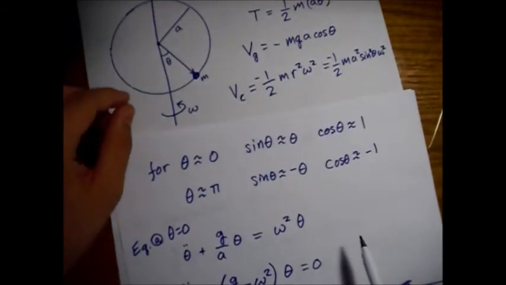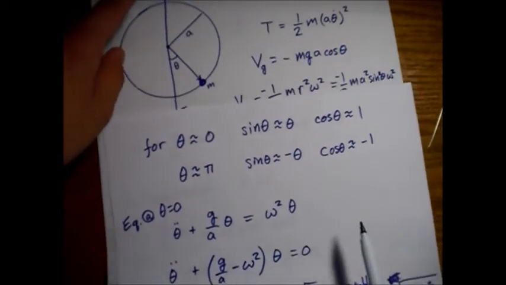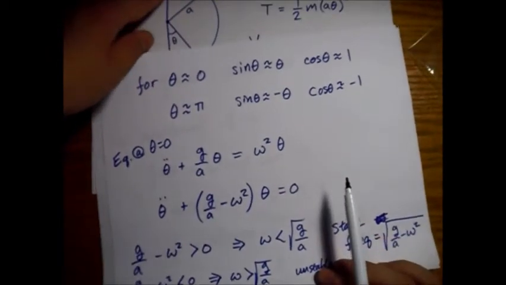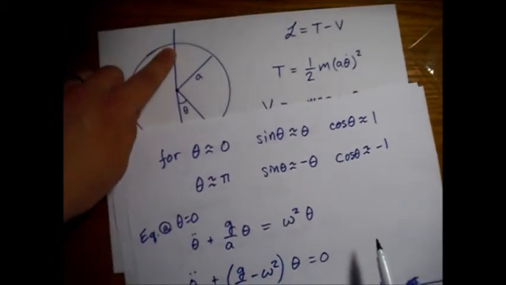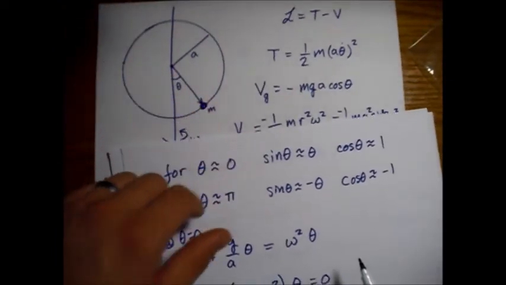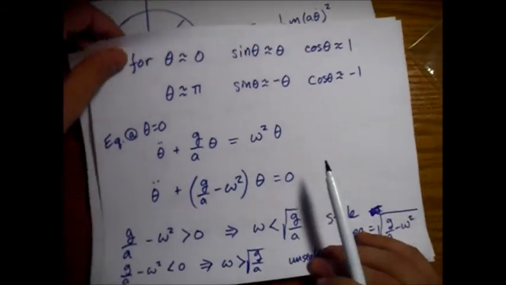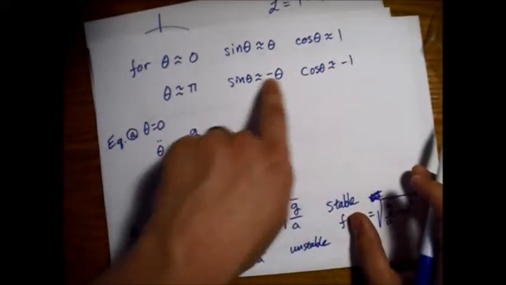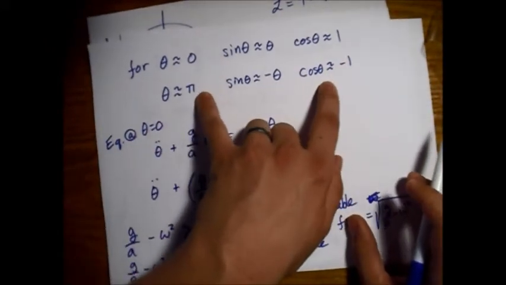Okay. There's also this equilibrium point up here, which let's show is unstable no matter what, no matter how fast we're twirling this thing. So to do that, we're going to look at this theta, this second case right here.